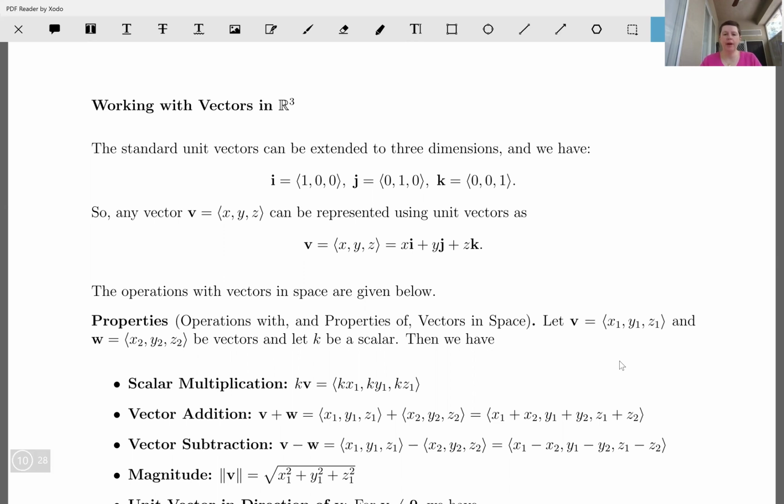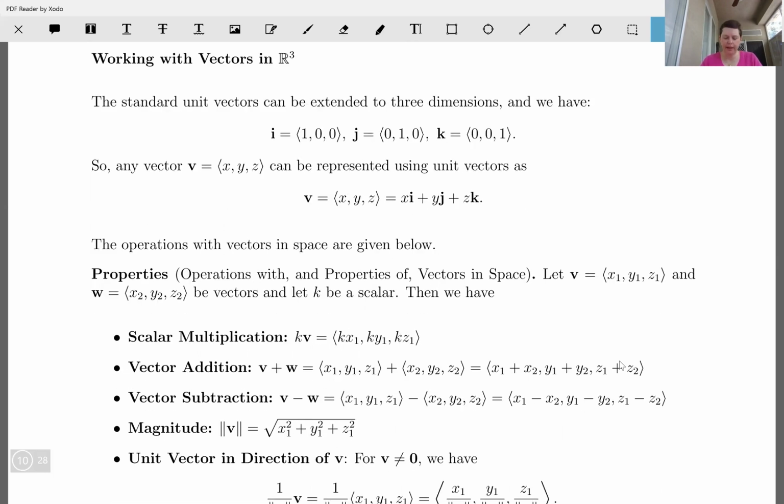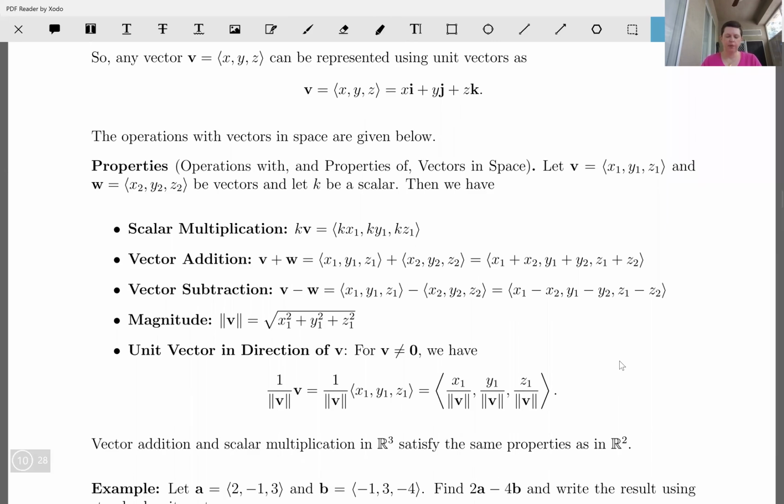And the operations with vectors in 3 dimensions, I reproduce them below, but you're going to notice that they're pretty much the same. We have scalar multiplication, we have vector addition, we have subtraction. We can find the magnitude. Remember, magnitude is basically if we have the vector and put its initial point at (0, 0, 0) and its terminal point at (x, y, z), it's just the length of that, the distance between the 2 points.